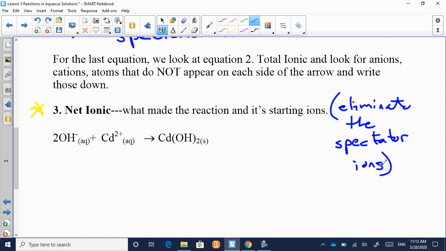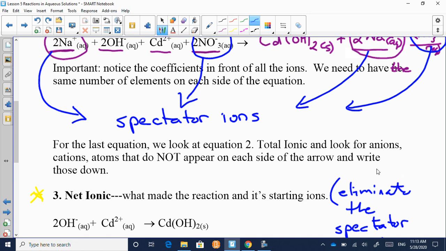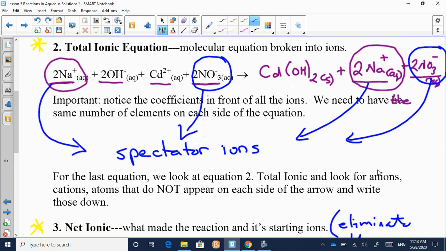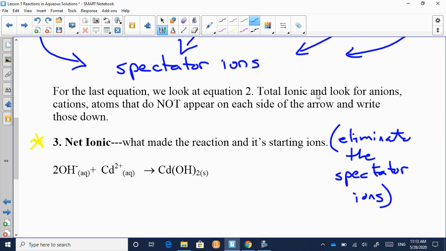Okay, so that's all that happens as you go from the total ionic to the net ionic, is eliminating the spectators. So all you're going to be left with is 2OH- plus Cd2+ making the solid. And that's what we call the net ionic equation.